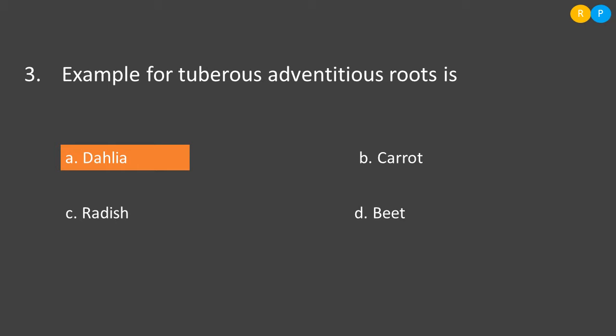Radish is also showing root formation directly from the radicle. Option D, beet. Beet is also showing root formation directly from the radicle. So, among the options, the plant that is not forming roots directly from the radicle is dahlia. Clear. So, the correct answer is option A.